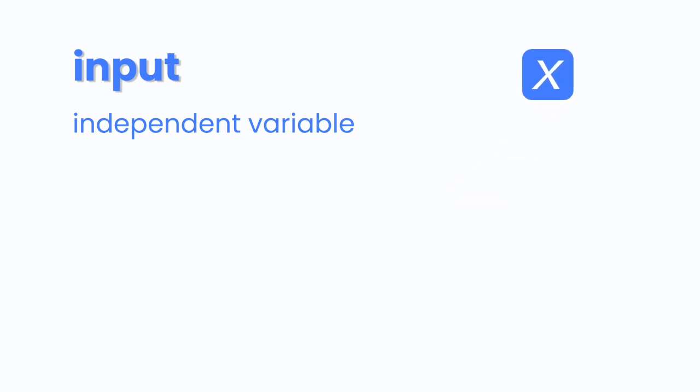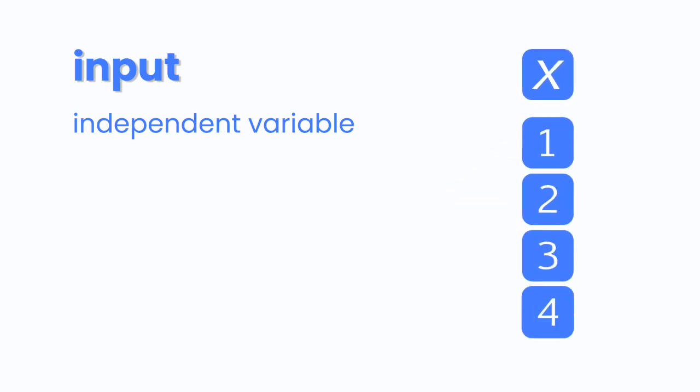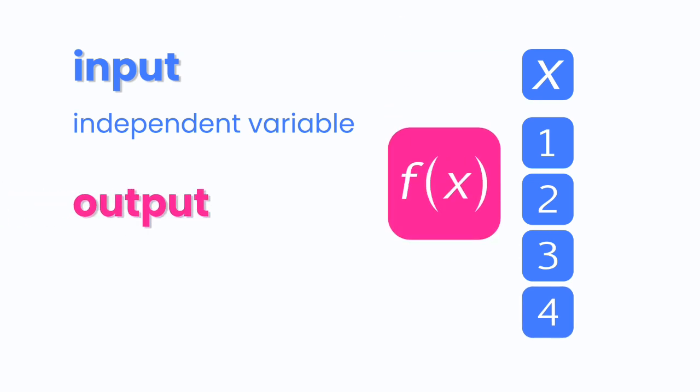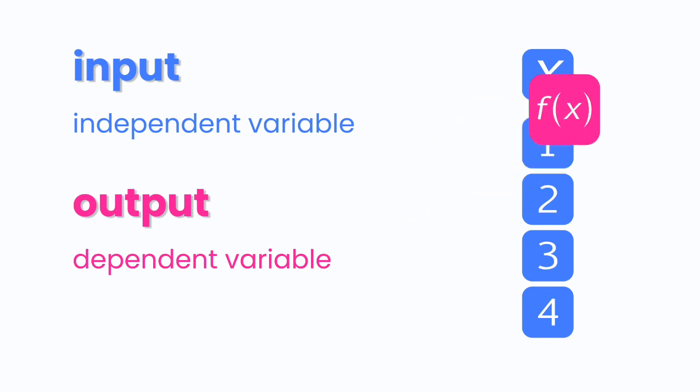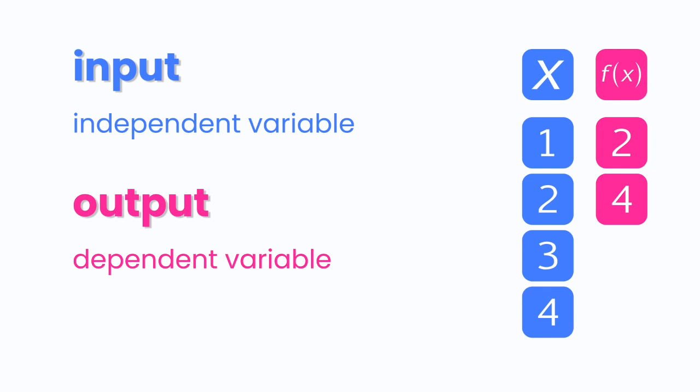In our example, you went through the values 1, 2, 3, and 4. What the function outputs is dependent on the value of the variable you input. So the output value is known as the dependent variable. The dependent variables in this example were 2, 4, 6, and 8.